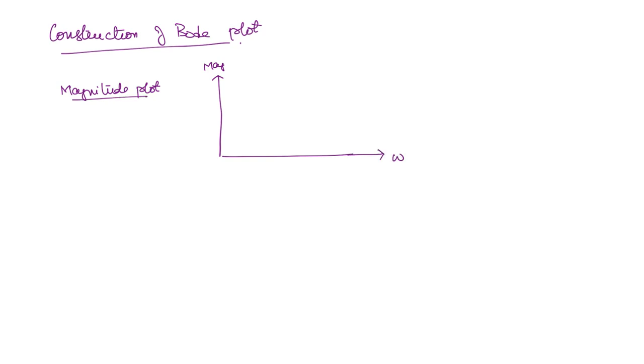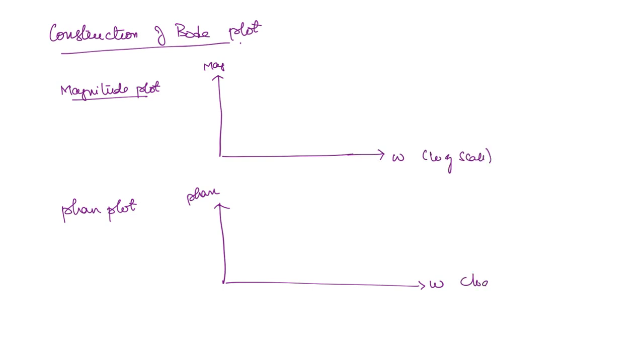So this is the magnitude plot, and the phase plot is similarly on the y-axis, instead of magnitude there is going to be phase, and here it is going to be omega. This is log scale. The combination of both of these together, the magnitude plot and the phase plot, is called the Bode plot.